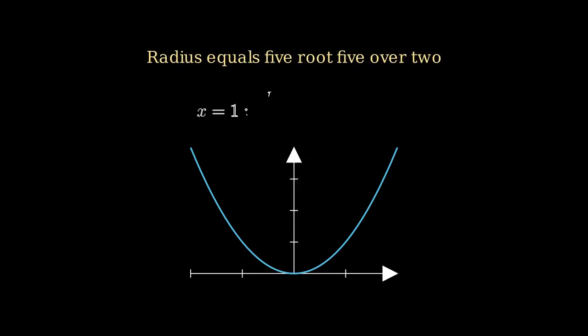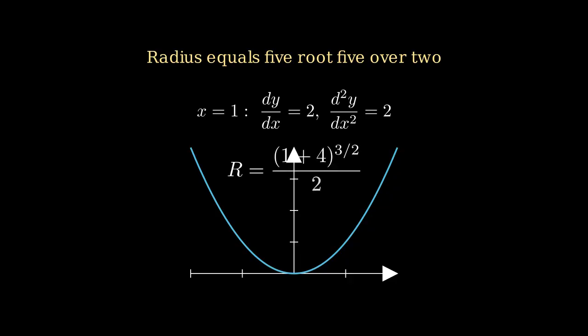At x equals 1, dy by dx equals 2, and the second derivative equals 2, giving a radius of curvature of the quantity 1 plus 4 raised to the power 3/2, divided by 2. Checking, this simplifies to 5 times the square root of 5, all divided by 2, a sensible finite value since the curve is smoothly curving at that point.